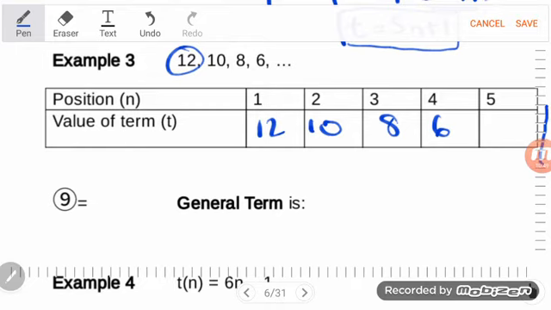Step 2 is finding the difference. Okay, it goes from 12 to 10. Is that going to bigger numbers, or is that going to smaller numbers? Yep, going to smaller numbers. So we're going to have a negative. So here our difference is negative 2. From 10 to 8, negative 2. 8 to 6, negative 2.